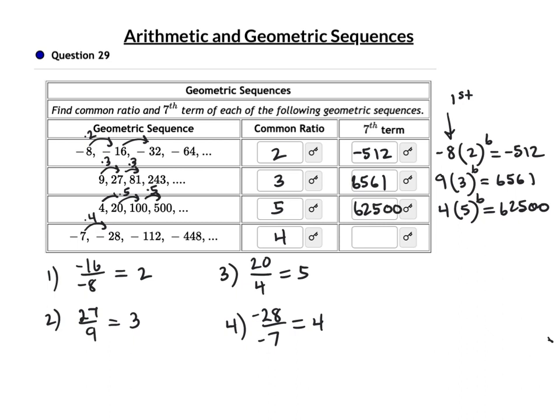And the last one, I'm starting at negative 7, and I'm multiplying by 4. And from the first term, I do 6 multiplications to get to the 7th term. Negative 7 times 4 to the power of 6 is negative 28,672.